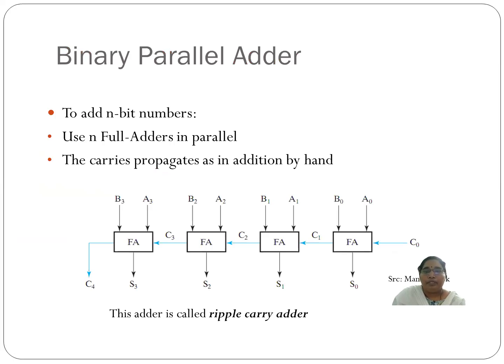It is propagating from the least significant section to the most significant section. So that is why it is called a ripple carry adder. Carry is rippling from one end to the other end, just like in water, the ripple propagates from the center to the edge of the river.